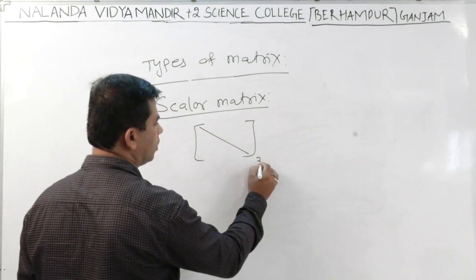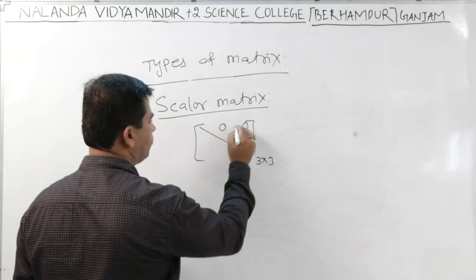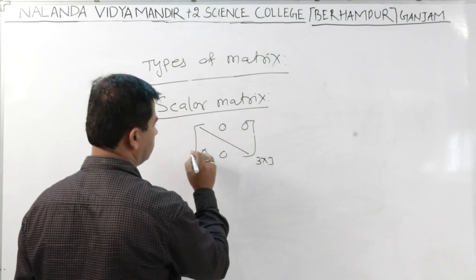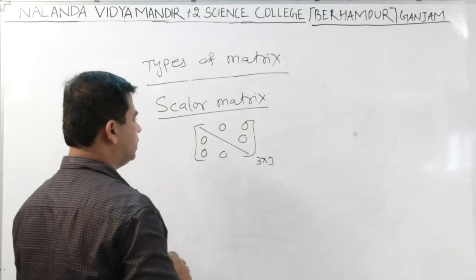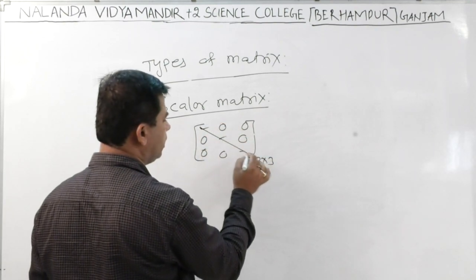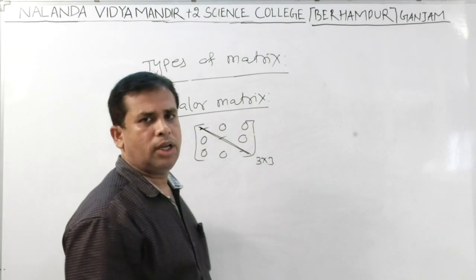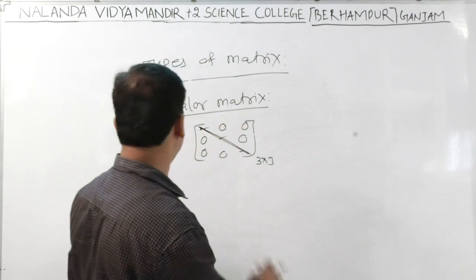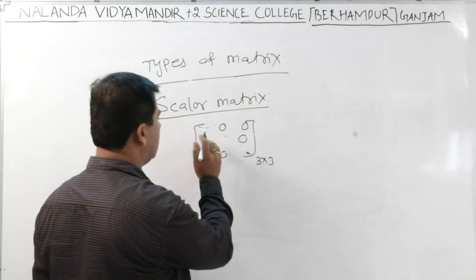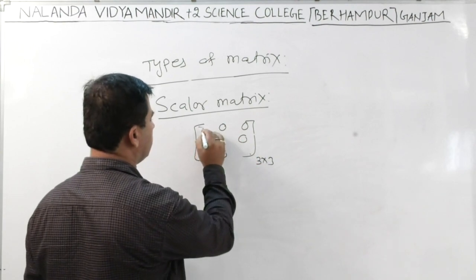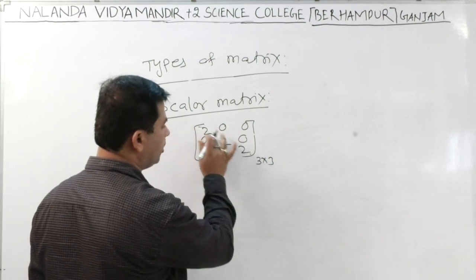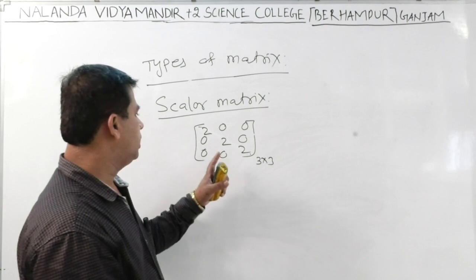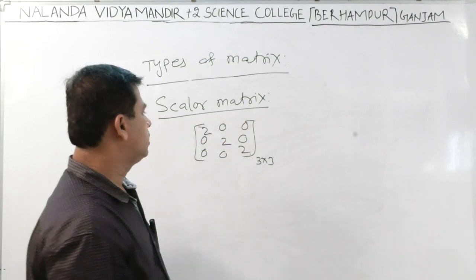If it is order 3, then these elements are 0. Sorry, in a square matrix, diagonal elements must be equal. All the diagonal elements are the same. Then we say this is our scalar matrix.